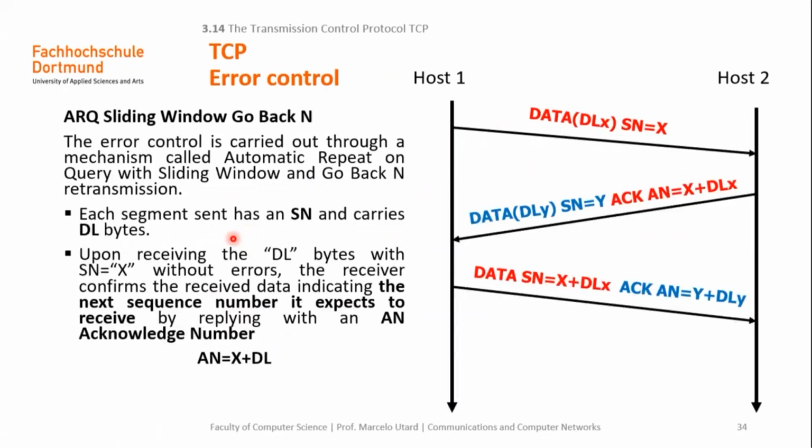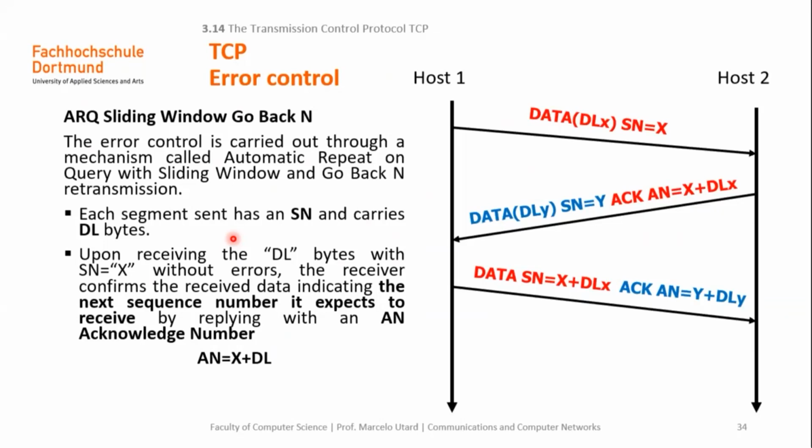Then the first concept that you need to understand correctly is that in order to establish error control, the TCP protocol implements a mechanism called ARQ, sliding window go-back-N. That is, the error control is carried out through a mechanism called automatic repeat request with sliding window and go-back-N retransmission.